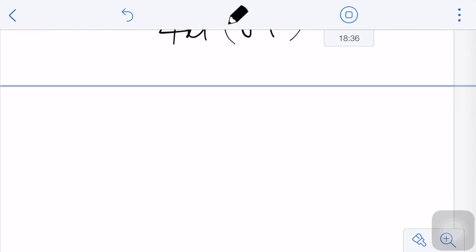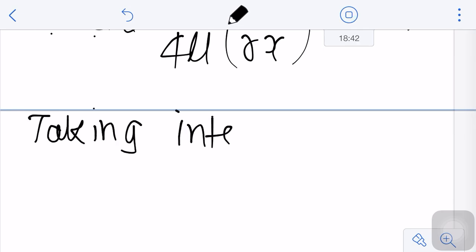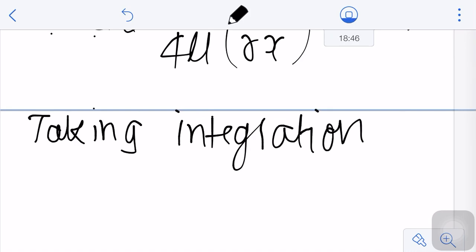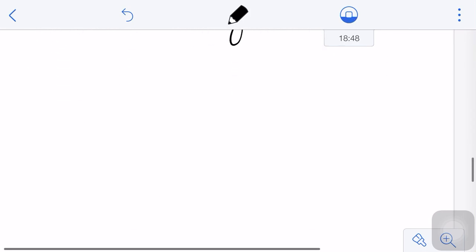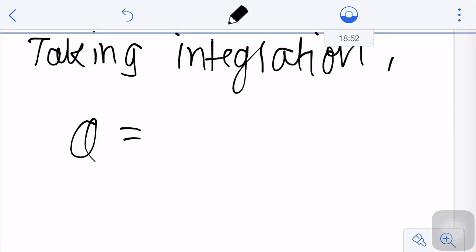Taking integration on both the sides, what we can write is q is equal to, the common terms will come out of the integration.